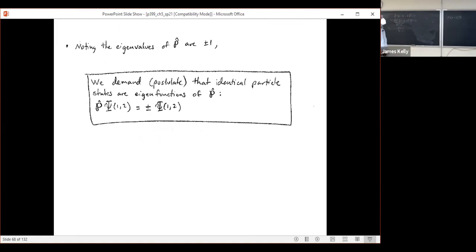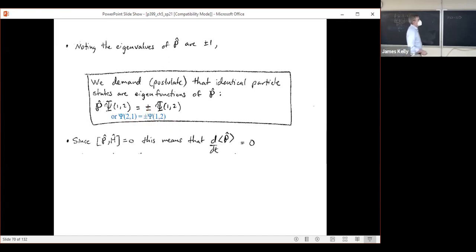Okay? So all I've done is put in the appropriate eigenvalue into the statement we had before. The eigenvalues are plus or minus. So that means when we switch the order, we get plus or minus the original function coming back again. Here's the important thing for thinking about bosons and fermions.